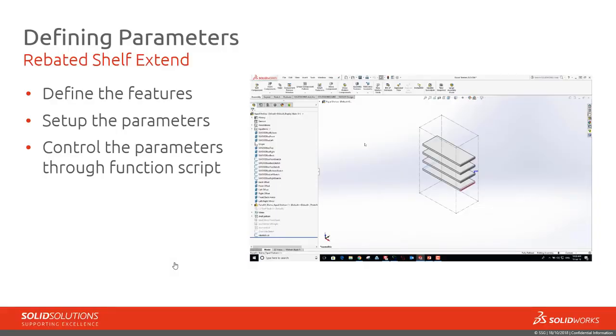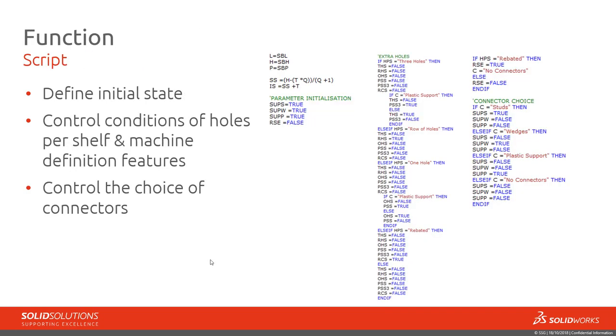Now ultimately in this SWOODBox there are a lot more parameters which need to be set up, but the process for doing so is exactly the same as what we've just seen there on the screen. So having reached the stage where we've defined all of the parameters and the shells and the connectors inside the SWOODBox, what's left to define is the functional code which will control how the SWOODBox appears, whether the studs are shown as the connectors, whether it's the plastic supports, whether it's the wedges, along with all of the other variables which are likely to change due to what the end user specifies.